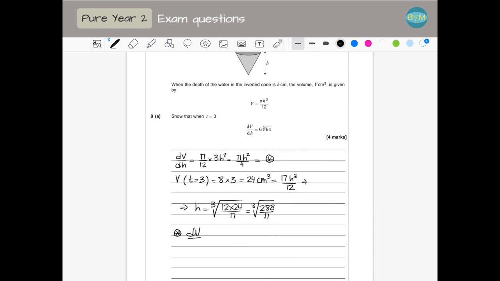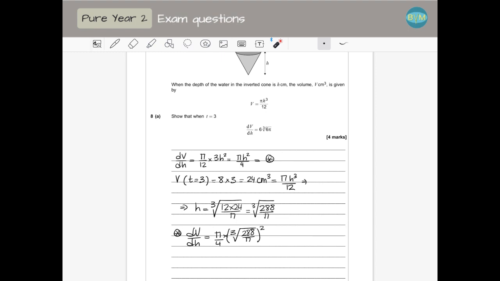So dV by dh, when h is that value that I just found, is pi times this value, 288 over pi, all squared, and divide by 4. And it's just a matter of working with this expression, because now we have only numbers, until it looks like it should look.